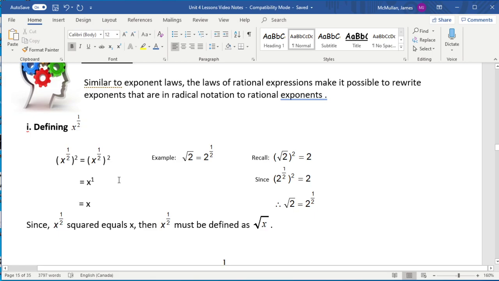The answer is the square root of x. Right? And so you can see the example here with root 2. If we say root 2 is 2 to the power of 1/2, then we know that if we square both sides, the right side becomes 2, and the left side becomes 2, and therefore they're equal, and therefore root 2 is equal to 2 to the power of 1/2. Okay?